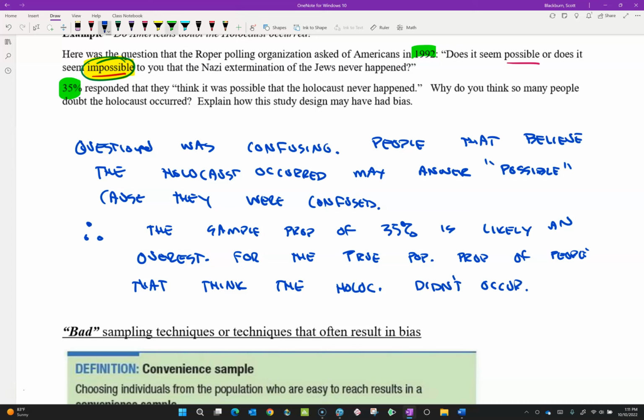Okay? So please get both parts. Why is there bias? And then how would that bias affect our statistic?